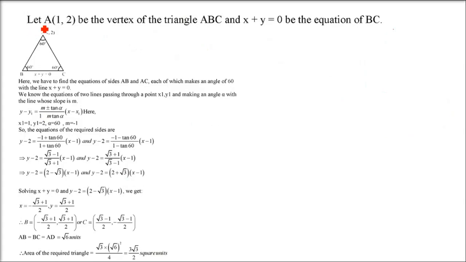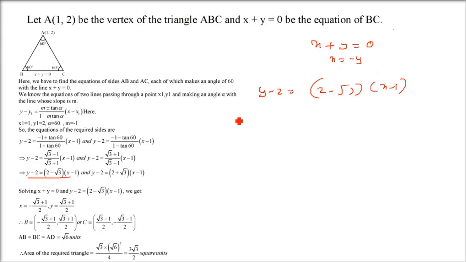So what we are going to do is solve these two equations. It's just solving linear equations in two variables. So x plus y equals 0, so x equals minus y. Now you can put x as minus y or y as minus x, whichever way you want.